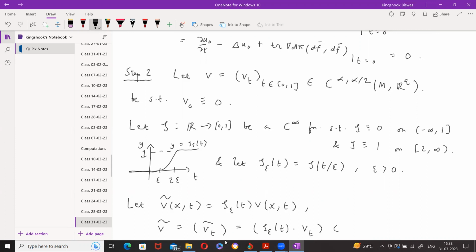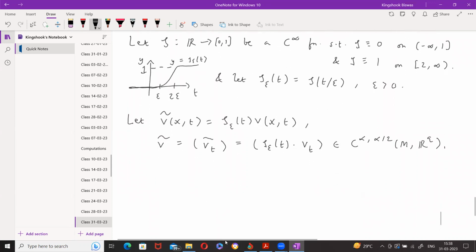So this is in C alpha, alpha by 2 of M RQ. So why am I doing all this? Because now this V tilde is going to be 0 on the interval from 0 to epsilon, right?